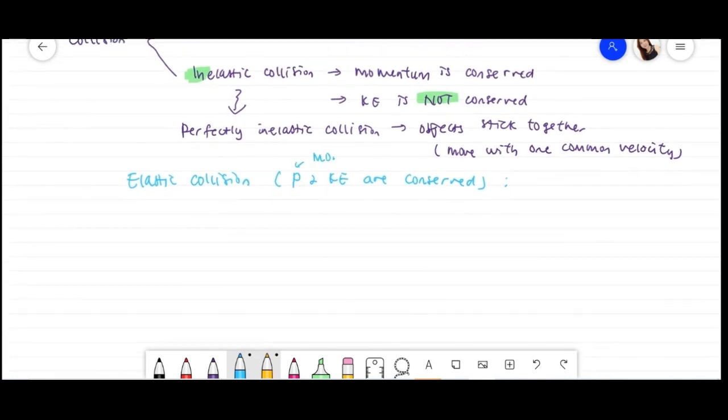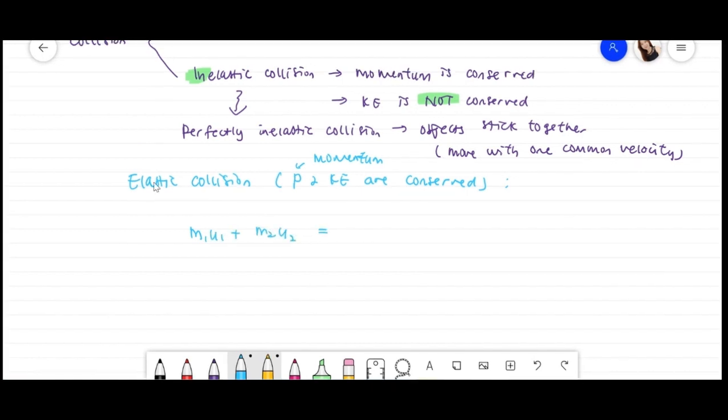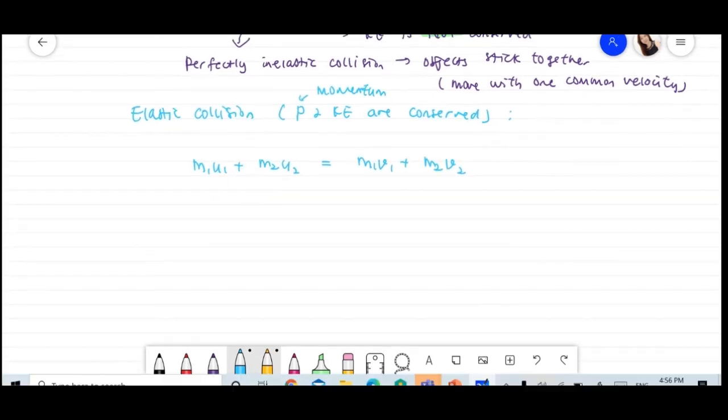Before the collision, the total momentum is m1 u1 plus m2 u2. After the collision, the objects will move with different velocities, therefore the momentum after the collision will be m1 v1 plus m2 v2.